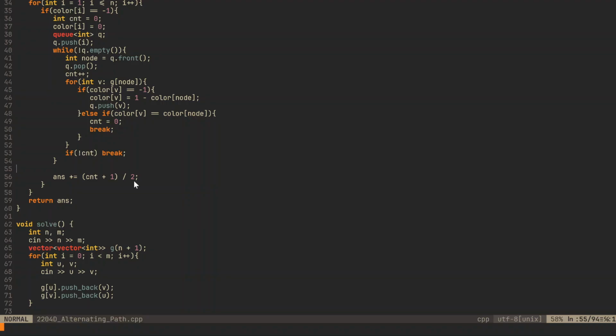Whenever we have any node with an outward edge... This will be calculated on the count of -1 and 1.